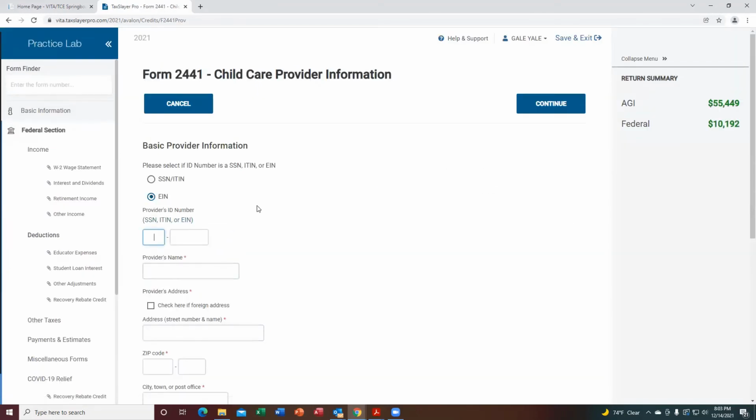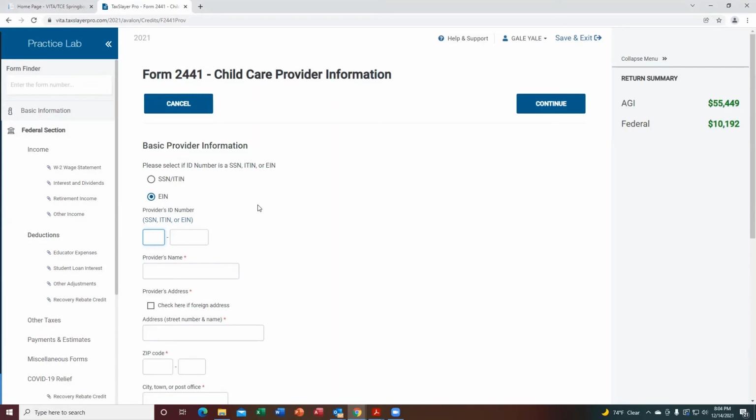Remember that care may be provided by the neighbor, might be provided by a parent, but as long as we don't claim them on our tax return, they're not our dependents, we can pay them. The only thing is that they have to understand that you're inputting this information as you paying them for child care, because in return, they have to put it on their tax return as income.